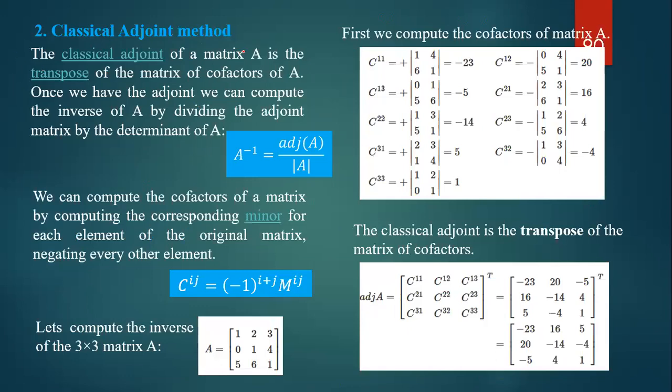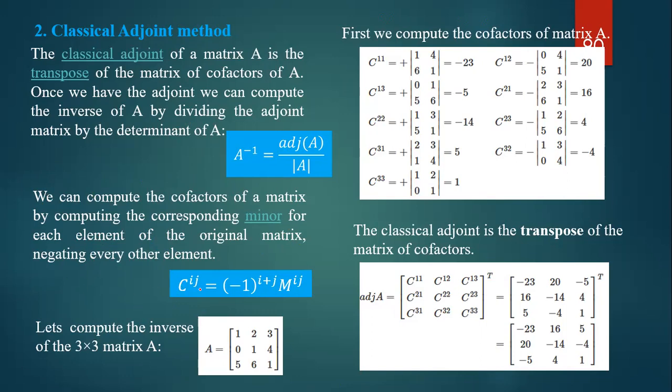Another one is the classical adjoint method. The adjoint method involves the transpose of a matrix, cofactors and minors, the concept of minors. So A inverse, or the inverse matrix, is equal to the adjoint of A over the determinant of matrix A. How can we find the cofactor for each element of the original matrix?